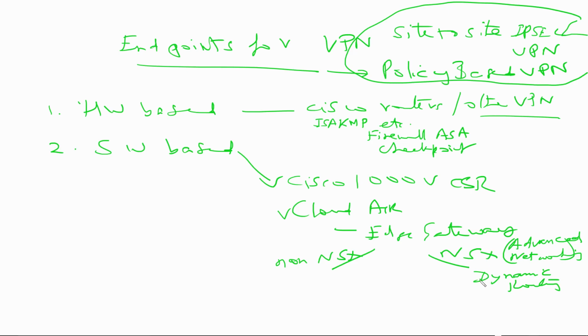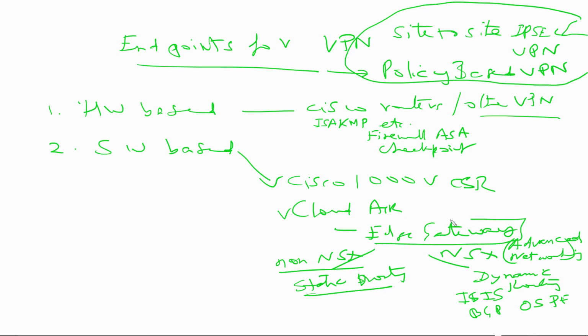It's not available on the on-demand, but it supports BGP and OSPF routing as well. The non-NSX Edge does not support dynamic routing, only static routing, and you might have seen that tab, which we are not going to spend any time on in this course. It's really unnecessary for our purposes. Static routing is available there, and it's a little bit less functional than the NSX Advanced Networking Edge Gateway.